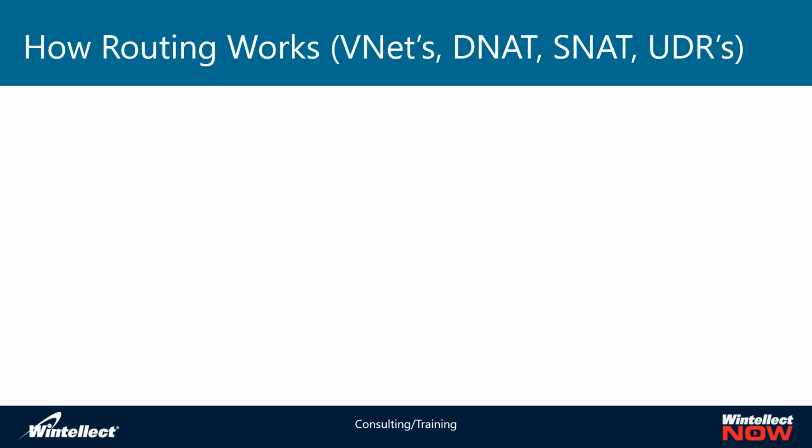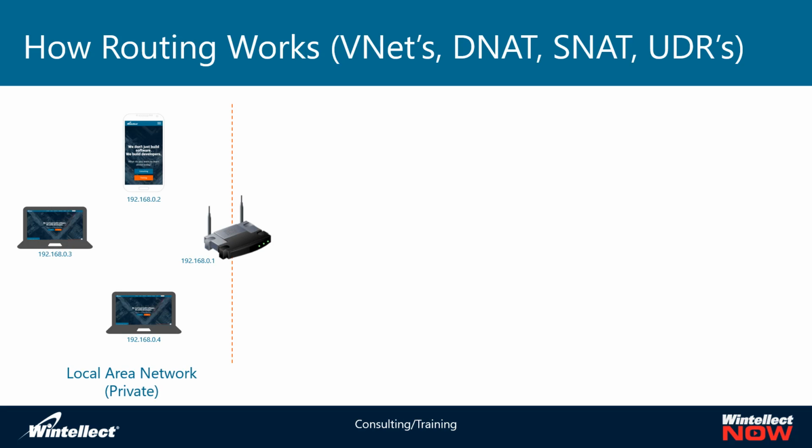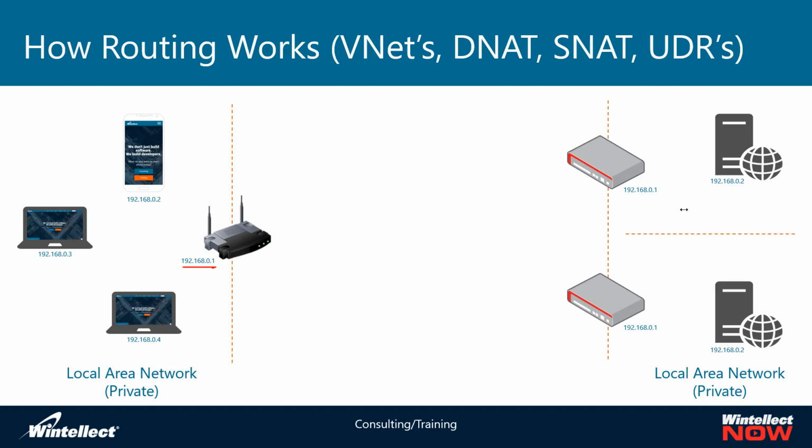So let's talk about how routing works. Maybe this will help clear up some of the concepts we're talking about. Let's suppose we have a local area network, and I'm running two laptops and a phone on this, and I have a router here that's my default gateway for all of my devices. And over here I have a couple other networks.